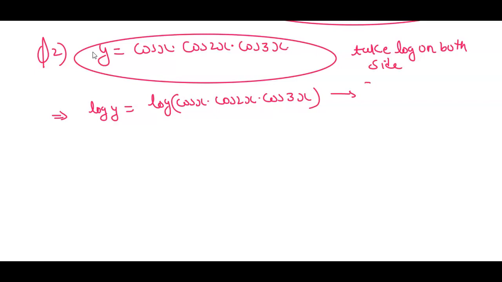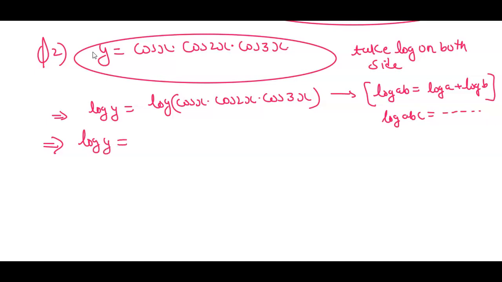This reminds me that I have to use the formula of log AB, which is equal to log A plus log B. But if it is of type log ABC, it will proceed like this, log A plus log B plus log C. So log y is equal to log cos x plus log cos 2x plus log cos 3x. Let me bifurcate from here.